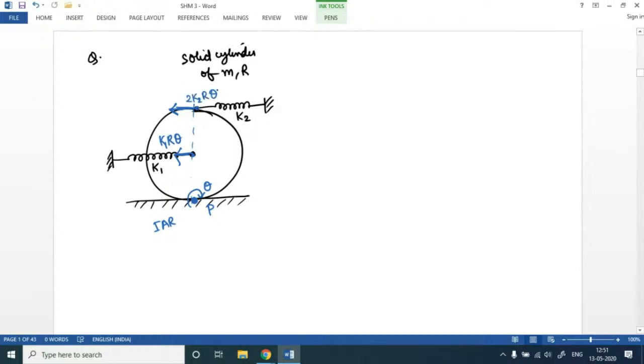So now we are ready to write the equation of torque here. So the equation of torque, about point P, when I write I alpha equal to tau: about point P, the moment of inertia of the solid cylinder would be nothing but 3 by 2 mr square, and alpha would be nothing but d2 theta by dt square over here, and the torque here would be due to these two forces, and that would be nothing but minus k1 r square theta, minus 4 k2 r square theta over here, right?